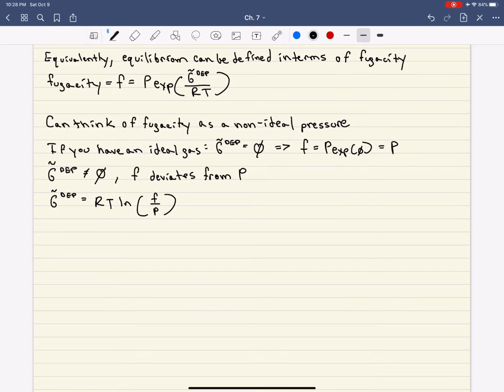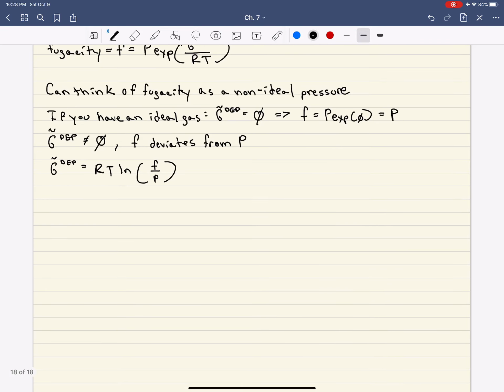And so, at equilibrium, we know that the G departure function for the vapor phase, which if we write in terms of fugacity is this, is equal to the departure function for the liquid phase, which is equal to this.